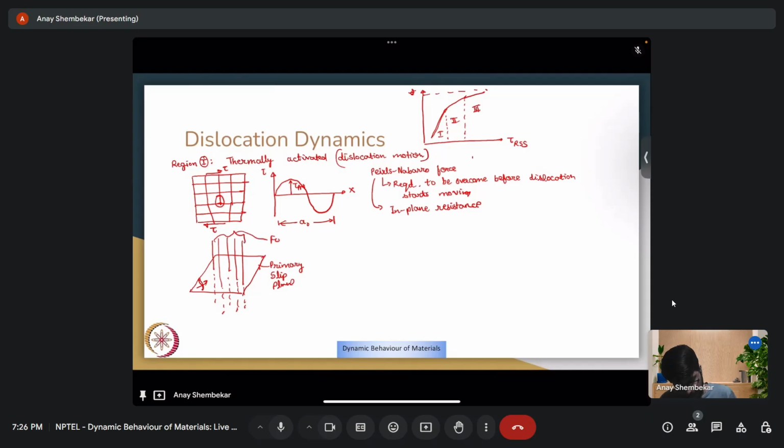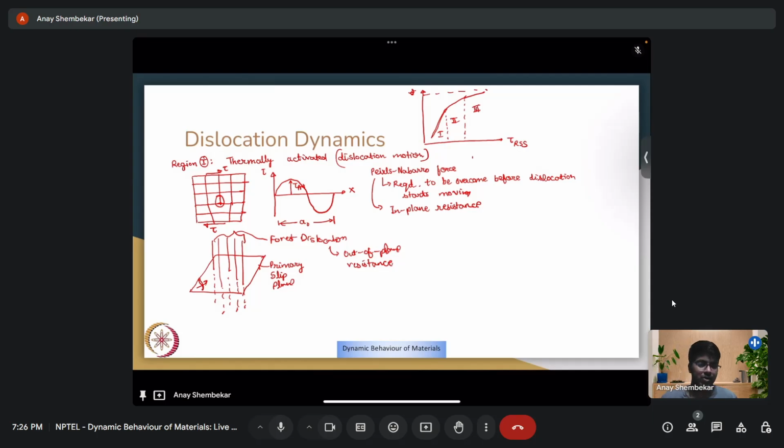The forest dislocation provides an out-of-plane resistance. Which of these resistances is dominant depends on the lattice structure of the chosen material.